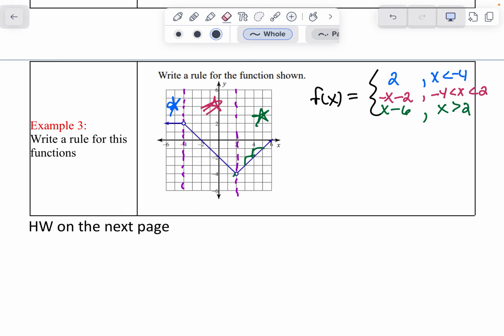Once you have your picture drawn, plug in, here I would plug in -5, I get 2. Here you could plug in -2, you get 0. Here you could plug in 4, you should get -2, which you do. So you can check your work by plugging in some points for that region, and then it should get you what you want. Okay? Does that make sense how we got that function to work?